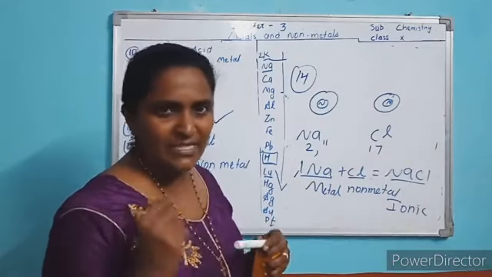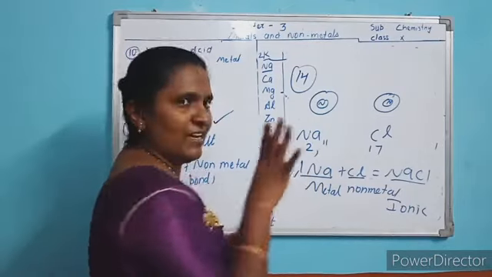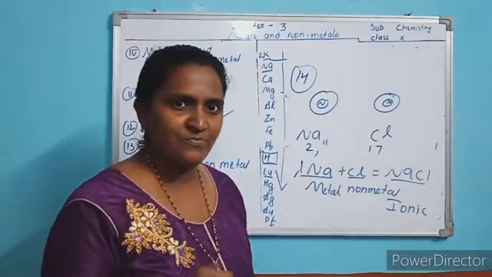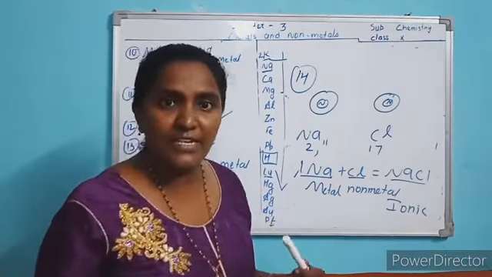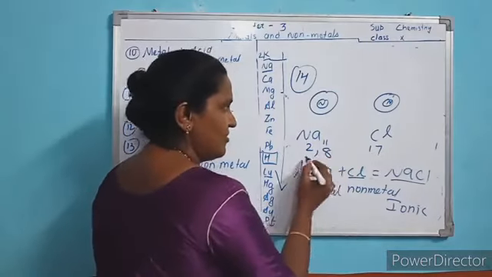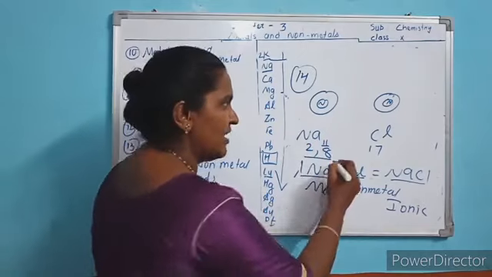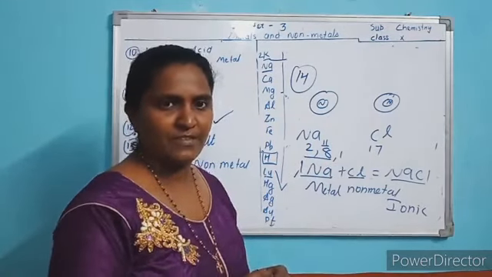Second shell, maximum 8 electrons. So here you have 11 electrons. First seat, how many children can be seated? 2. So you write 2. Second seat, how many can sit? 8. So 10 electrons over, 10 students out of 11. Remaining how many left? 1.